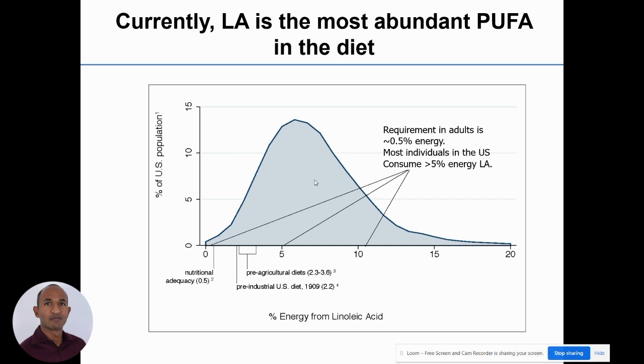We've shown, using enhanced data, that most of the population in the US is still at the 7% energy mark, which is here. But a significant amount of adults in the US are actually also above 10%, I think around 20% of the population. So LA is still quite abundant in the diet.